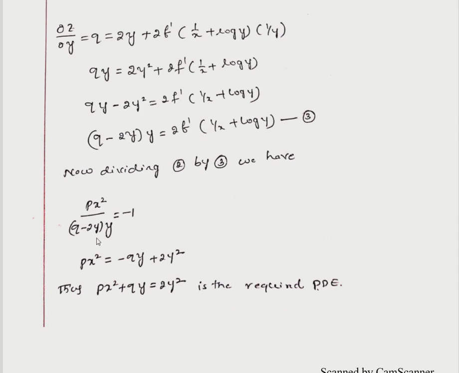Cross multiplication: p x square is equal to minus 1 into q, that is minus qy. Minus of minus is plus, therefore 2y into y, 2y square. Shifting this term to the left side, px square plus qy is equal to 2 y square, which is the required PDE.